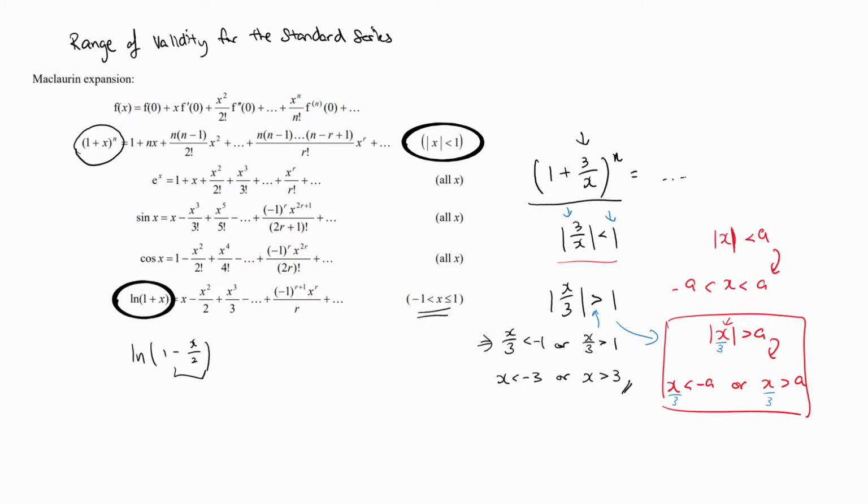You realize over here that the argument must be in between -1 and 1. So in that case, we can write this down as -x/2 greater than -1 and less than or equal to 1.